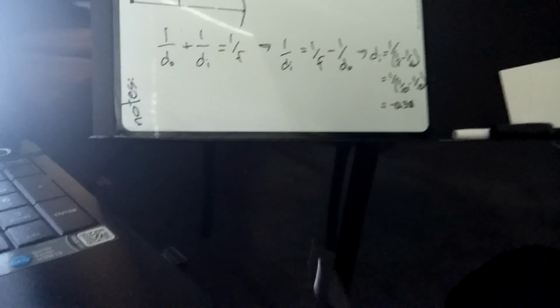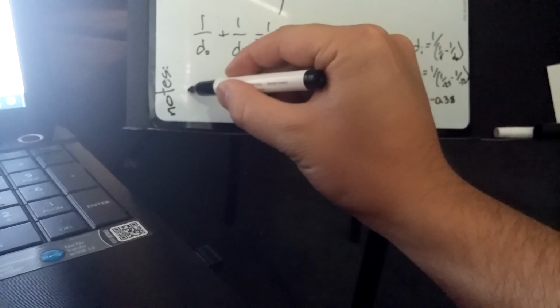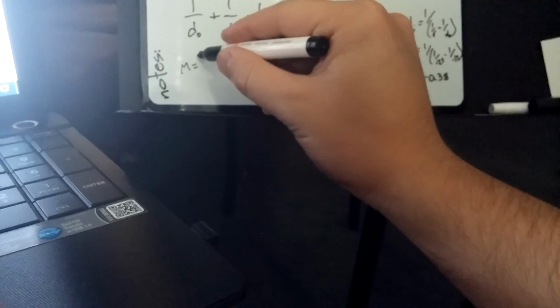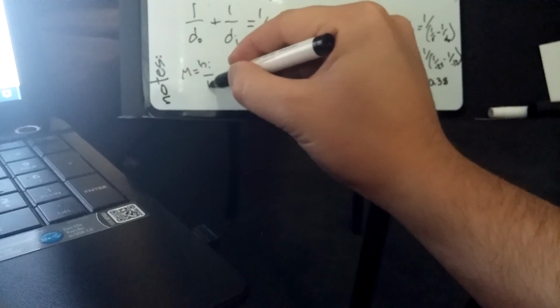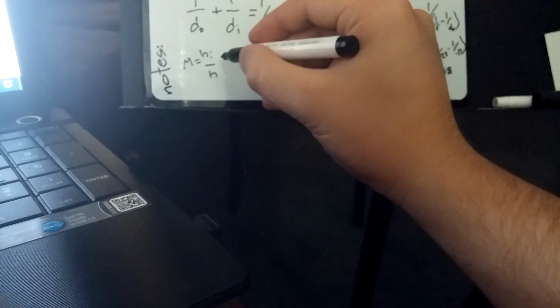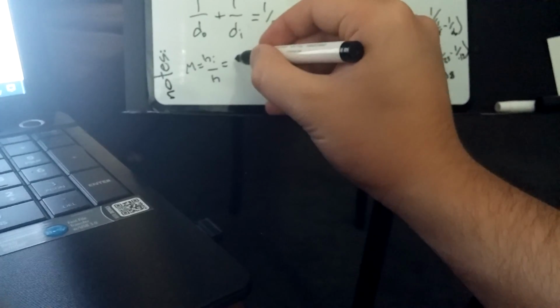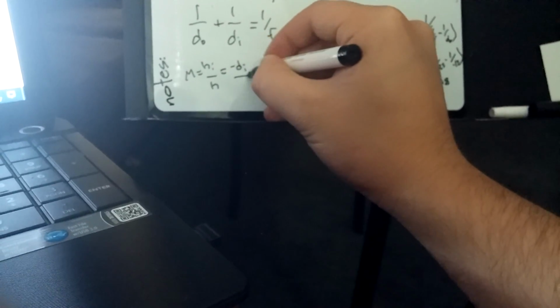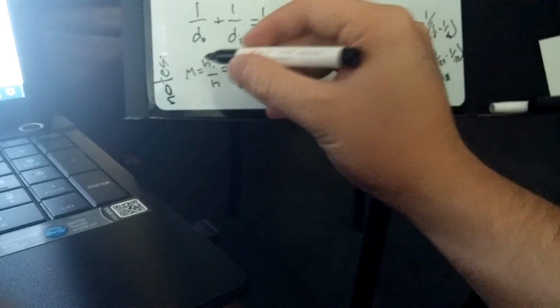Now the height we're going to get from the magnification, which basically says magnification equals height of the image over height of the object, which also happens to equal negative distance of the image over distance of the object.